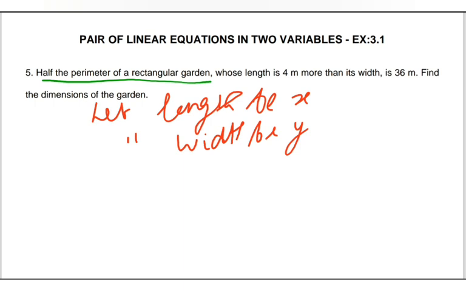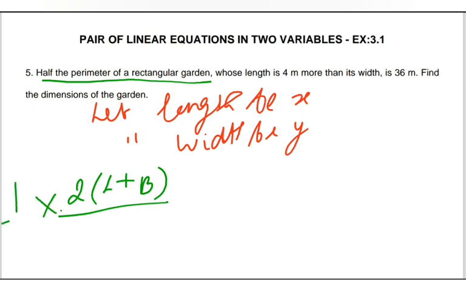So half of that is 1 by 2 into 2 into (length plus breadth). The length is 4 more than its width, that is x is equal to y plus 4.